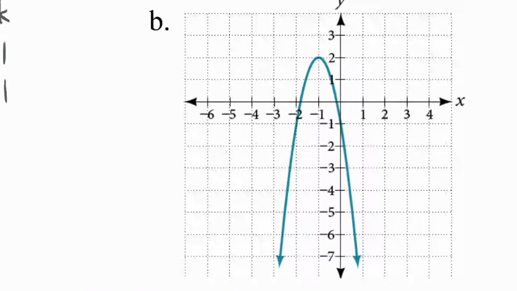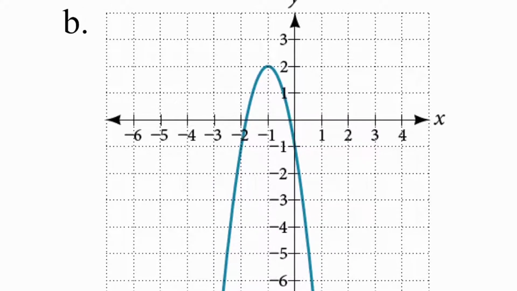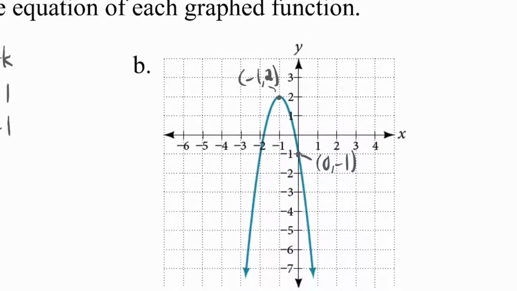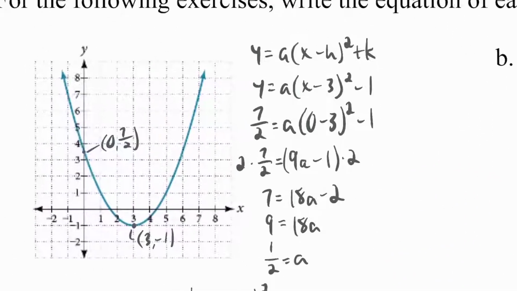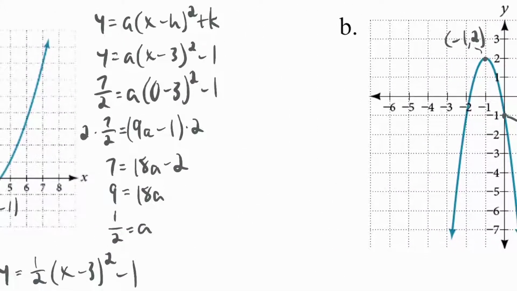This one, it sure looks like the vertex is at -1, 2. If I could write that neatly. And then the y-intercept sure looks like this is at 0, -1. Okay, good. So basically the same procedure. I used up all my room, though. Let's try to put it here.